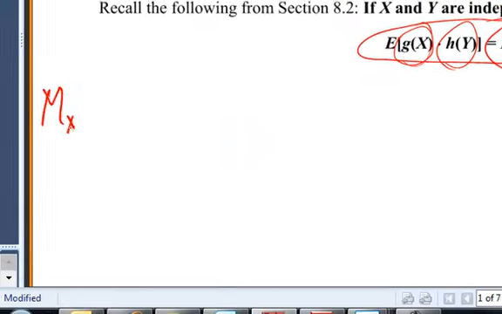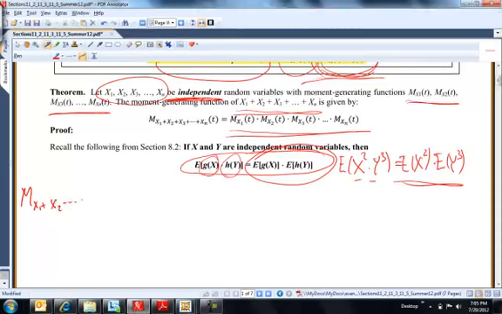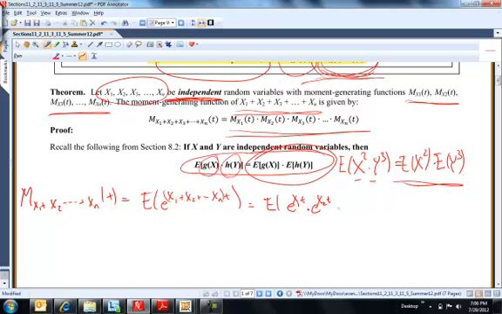So the moment generating function of the sum of a bunch of random variables, at t, by definition, is the expected value of e to the (x1 plus x2 plus through xn) times t, which is the expected value of e to the x1t times e to the x2t times e to the x3t, and so on, times e to the xnt.